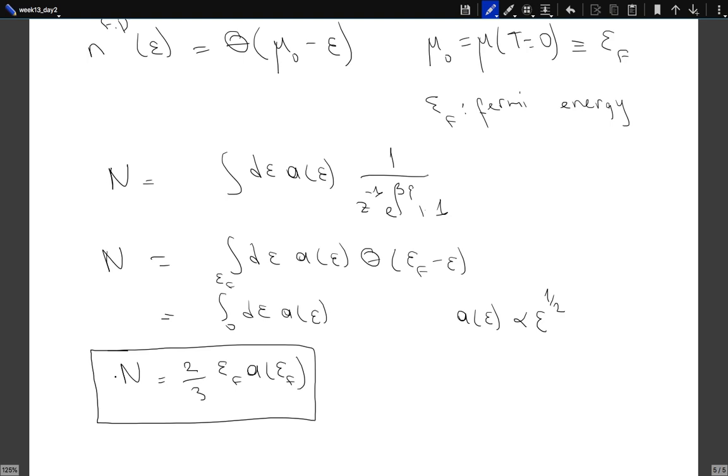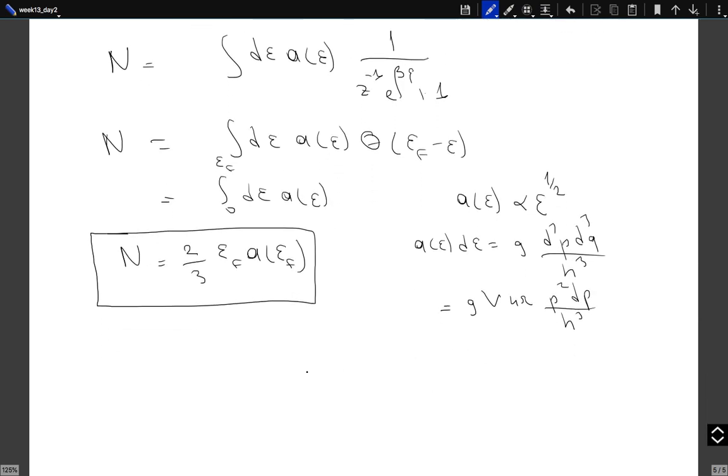Now let's calculate what this A is. I have avoided it. I don't remember the expression. Let's just evaluate it. A(epsilon) d epsilon is basically G times d cubed p d cubed q divided by h cubed. So this is equal to G times V times 4 pi times p squared dp over h cubed. So p is the square root of 2m epsilon.